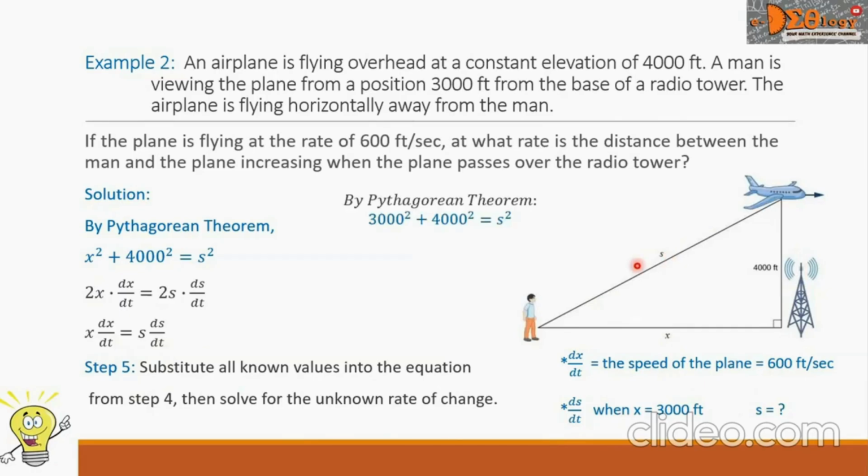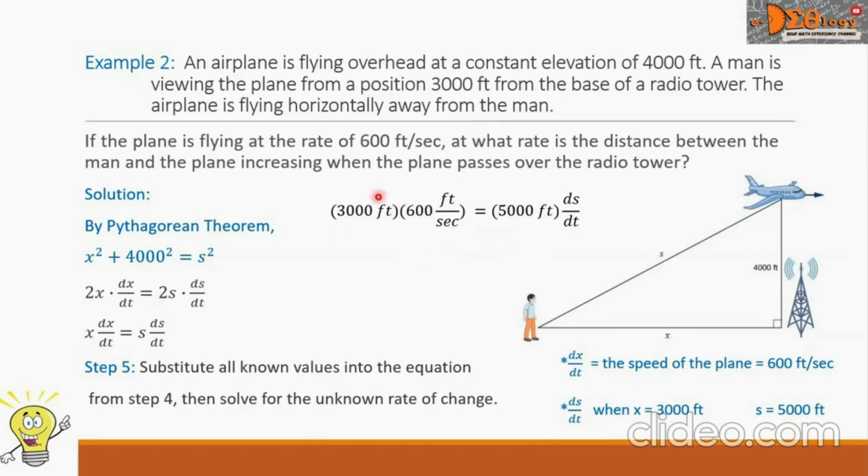Substituting the values, we may write 3,000 squared plus 4,000 squared is equal to s squared. Simplifying and getting the value of s, s is equal to 5,000. Let us note this value of s in here. Now, we are ready to do the substitution.